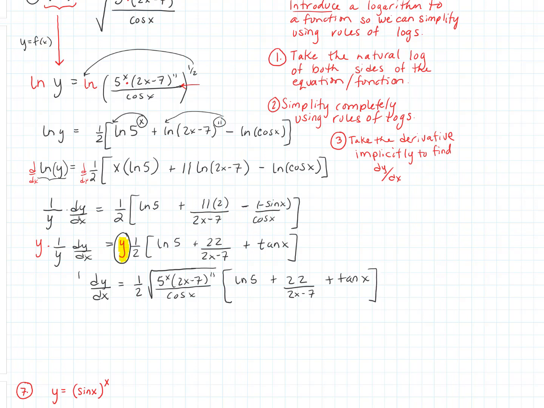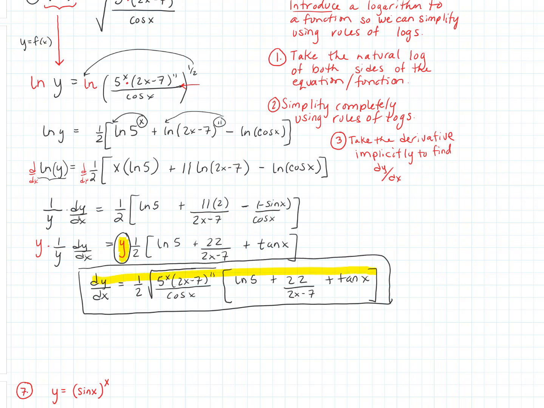And I was able to find that derivative without having to do all of those crazy layers of chain rule and simplification. Okay? So even though I didn't have a logarithm to simplify it, I could introduce one and then I could pretty easily find the derivative after my logarithmic simplification.